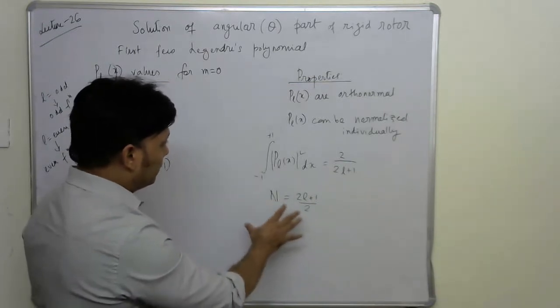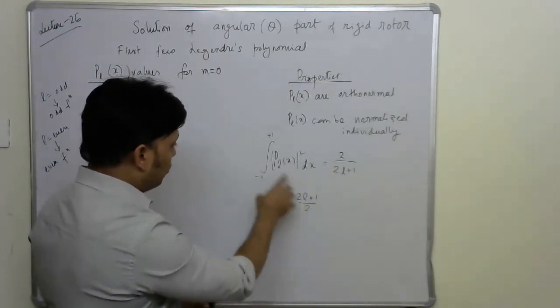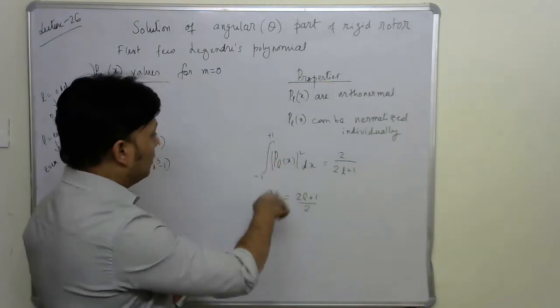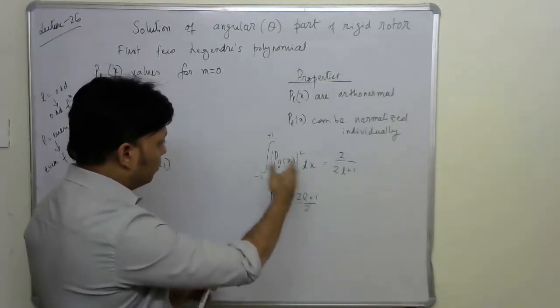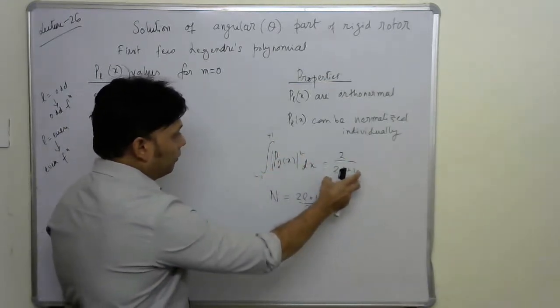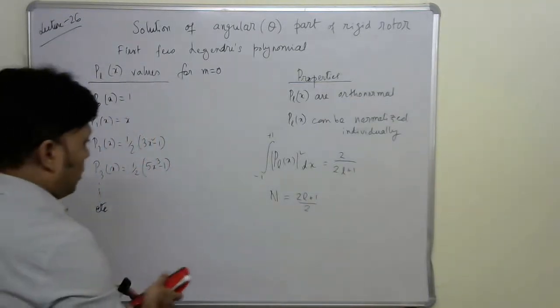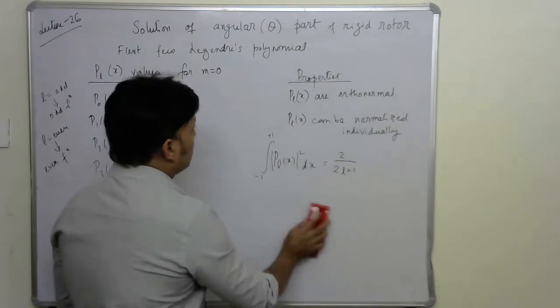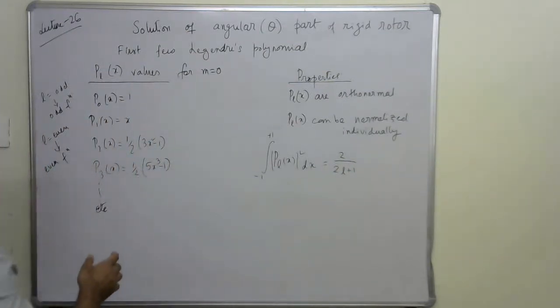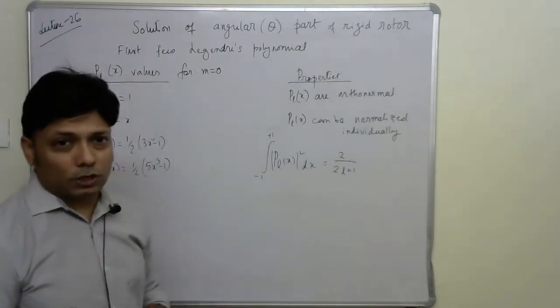If we take the normalization constant, square it, and do that, we will find this value. Alright, these are all about the Legendre's polynomial for m equal to 0.